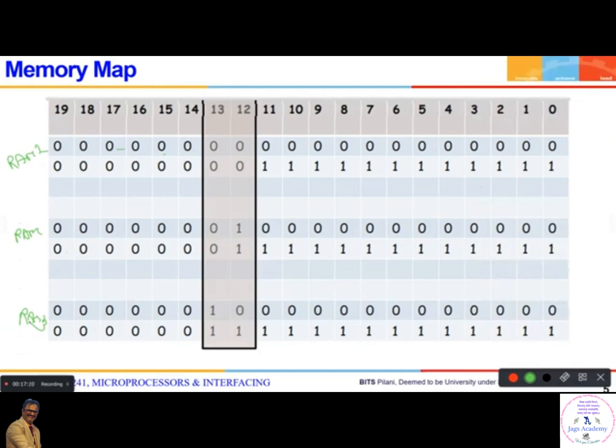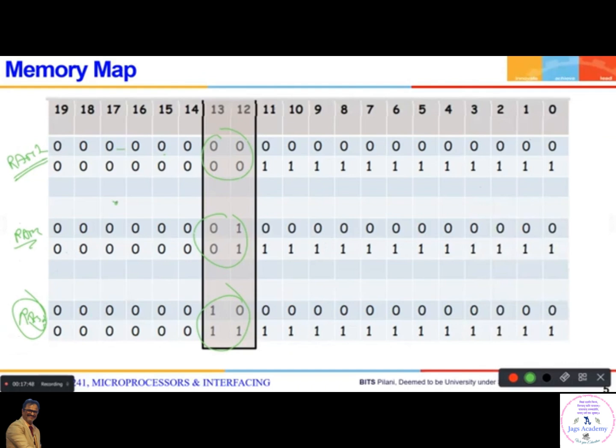A12 and A13, you can see here, it is 00 for RAM 1, it is 01 for RAM 2, but it is 10 and 11 for RAM 3. Here it is unique, here it is the same, and here it is not the same. But still you can use a combination of this through a gate.